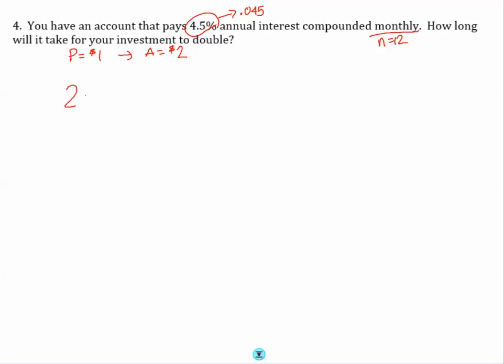Then I'll plug everything in. And I'm trying to figure out what T is. So if I type the part inside the parentheses in the calculator, I end up with 1.00375.